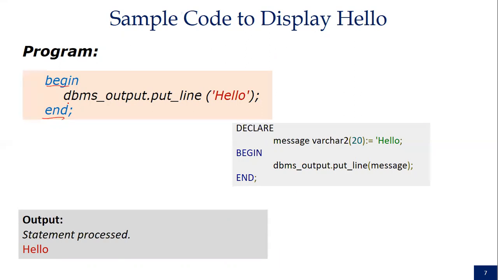Whenever you want to print something on the screen, you can use dbms underscore output dot put line. Here you can specify a string directly, and whatever string you specify inside the brackets will be printed on the screen.